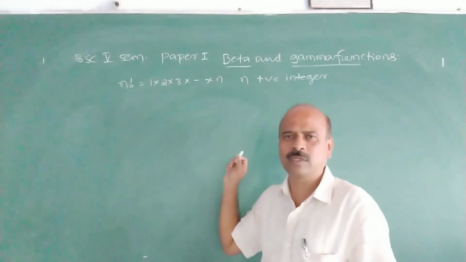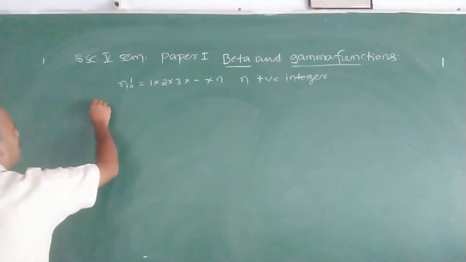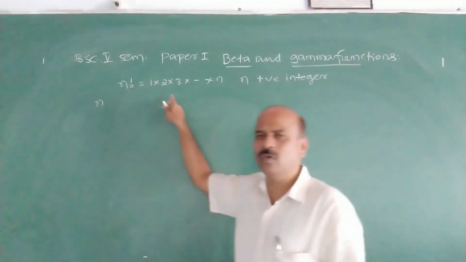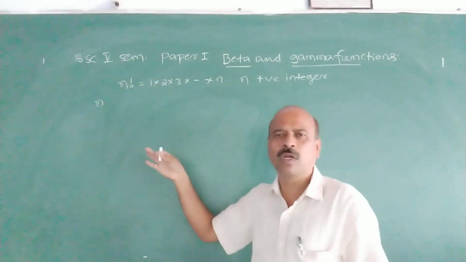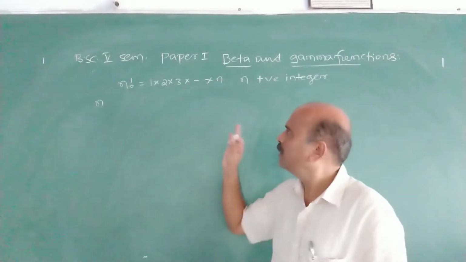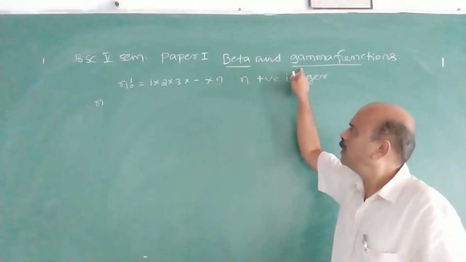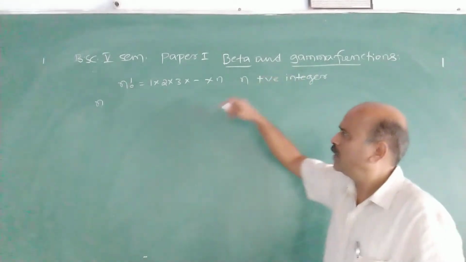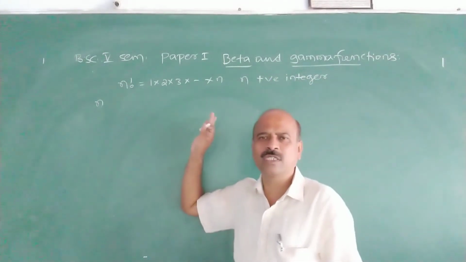But when n is any real number, this definition does not hold; it holds only for positive integers. To extend this definition to any positive real number, the gamma function is used. So the first application of the gamma function is that we can extend the definition of n factorial beyond positive integers.